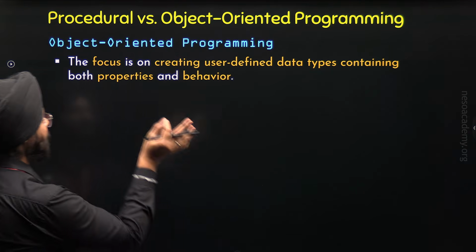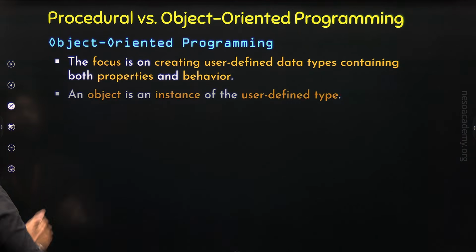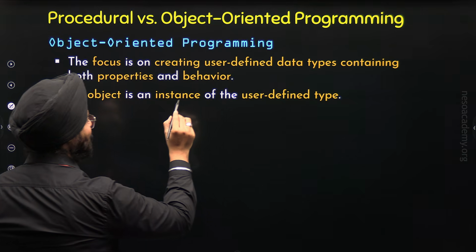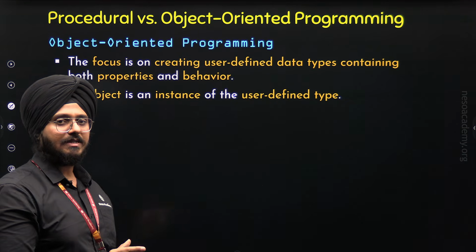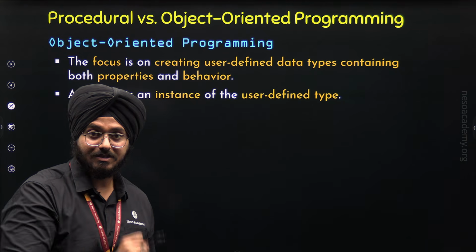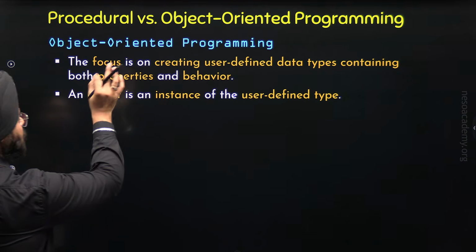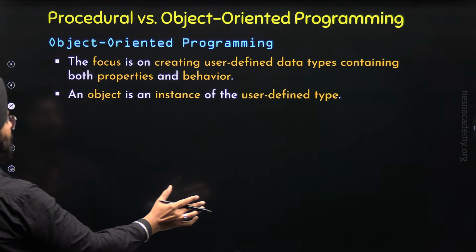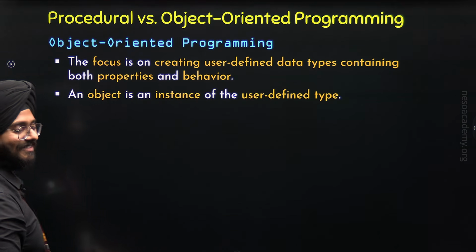This is what happens in case of object-oriented programming. And an object is an instance of the user-defined type. By user-defined type, I mean a class. We call that user-defined type in object-oriented programming a class. And an object is just an instance of the class.